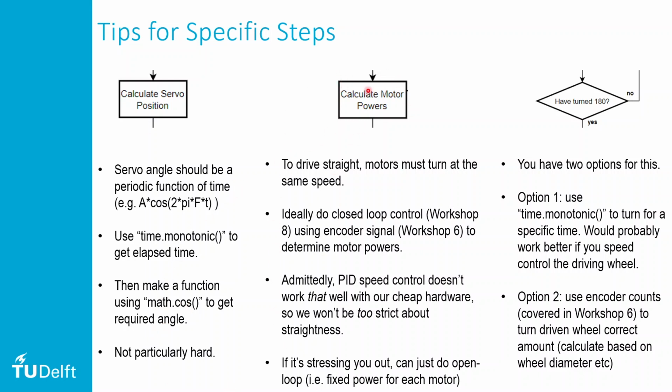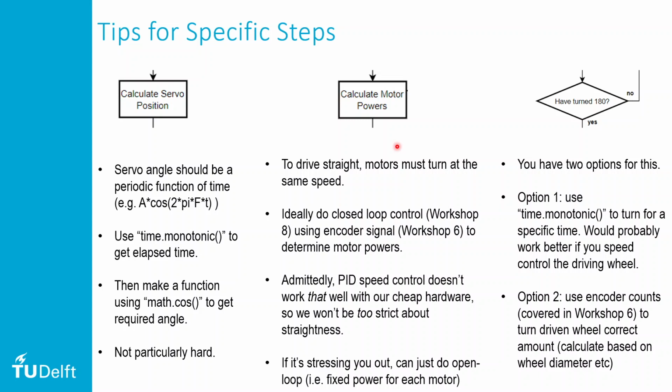Okay, now there's this, what I just calculate the motor powers. Easy, right? Okay, so in order for our robot to drive straight, we need our motors to turn at the same speed, right? Because it's differential drive.